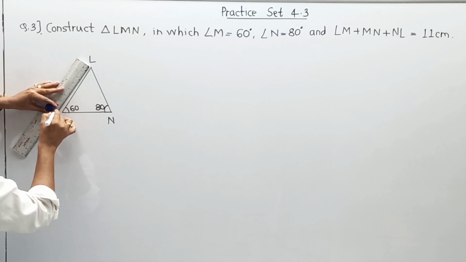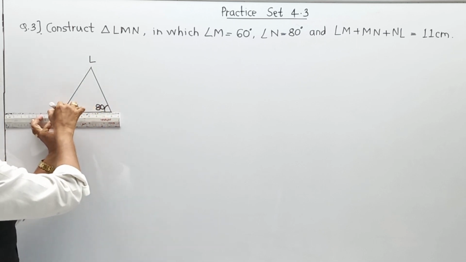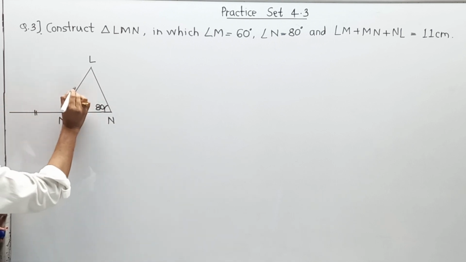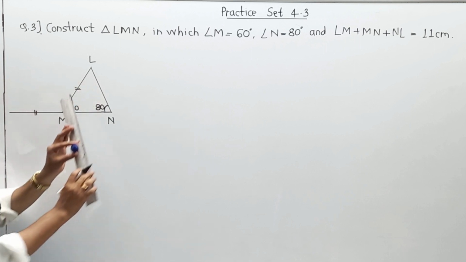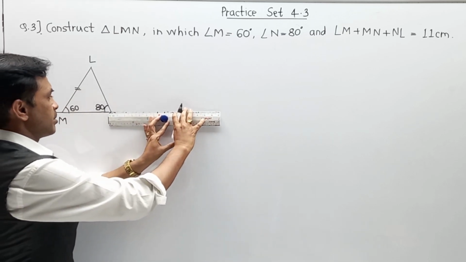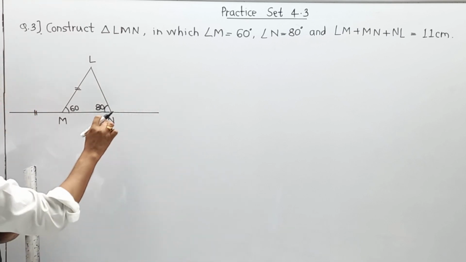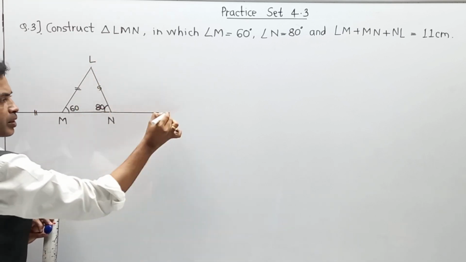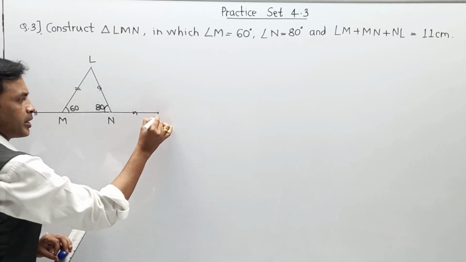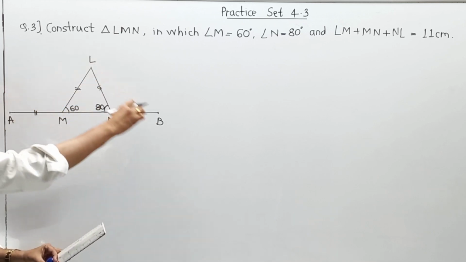Whatever be the length of LM, definitely it is a rough diagram, we are going to take an exactly horizontal line towards over here. Means we are going to take an equal length of LM over here. Now, whatever be the length of LN over here, we are going to take the same length over here. Naturally, you can say that NL is exactly equal to this side. Let us say I am going to give the end points the names A and B. And with the help of that, we are going to start joining the points AL and BL.